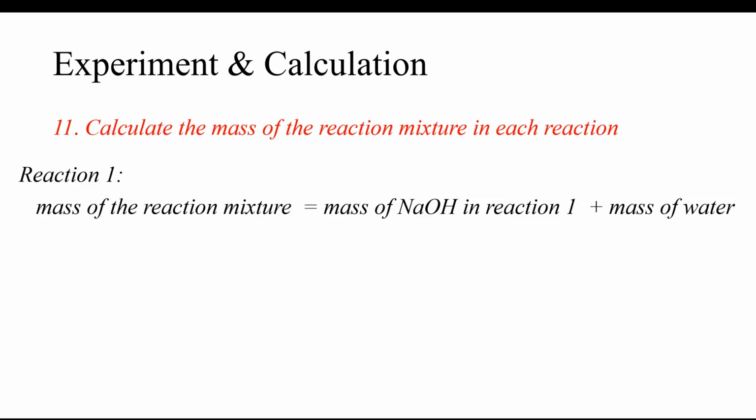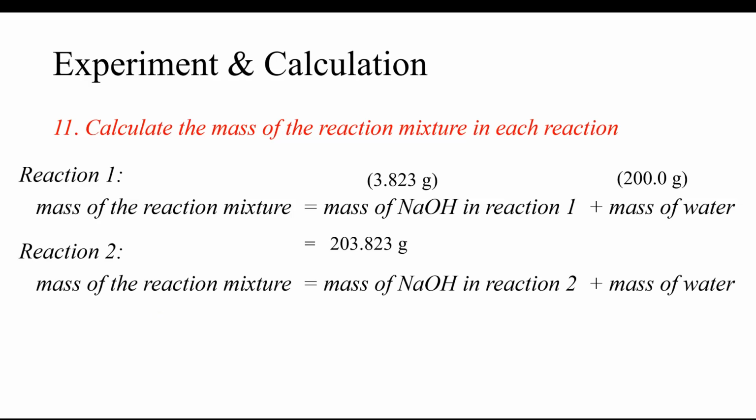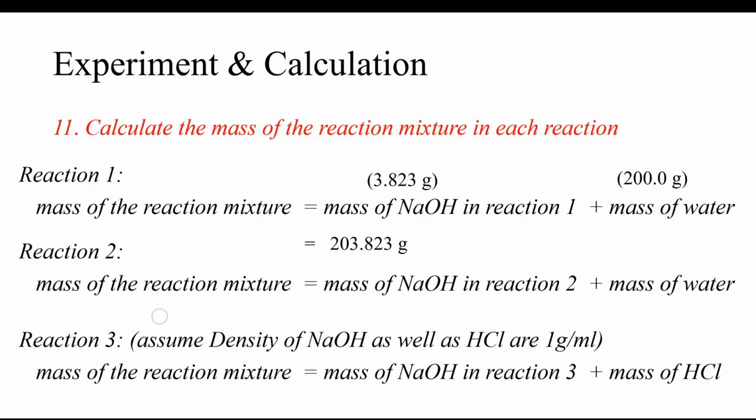I used 3.823 grams, and the mass of water in this case is 200 grams, so it comes out to 203.823 grams for reaction 1. This is an example. You can do the same thing for your reaction 1, reaction 2, and reaction 3.